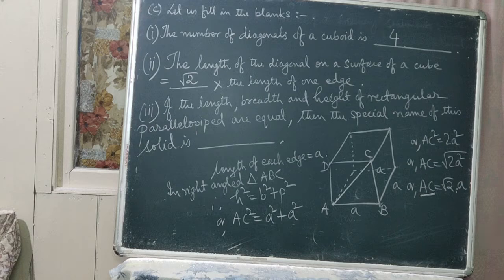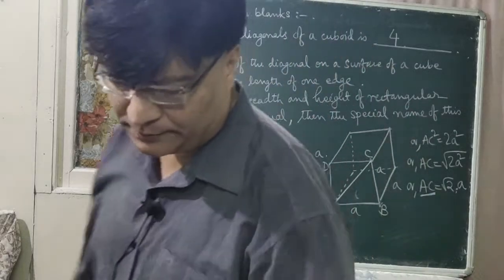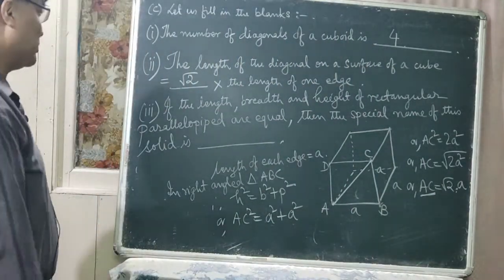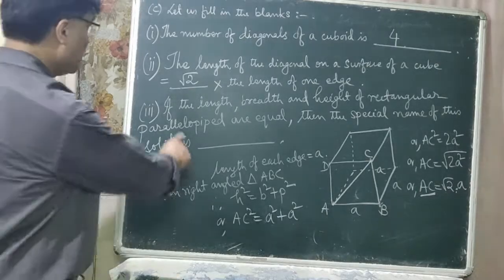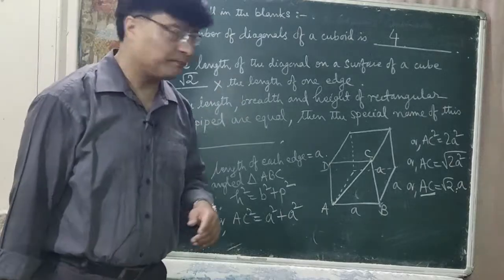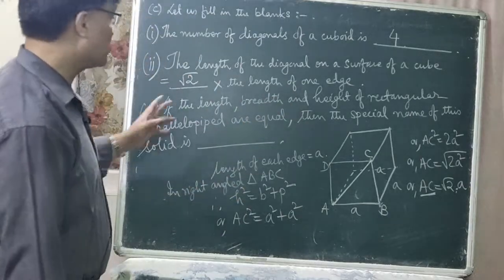And now we'll do the third one, okay. So I think you can do this third one. So what is the answer for the third question? So you can do it, number 3, you can do it easily. If the length, breadth and height of a rectangular parallelepiped are equal, then the special name of this solid is?